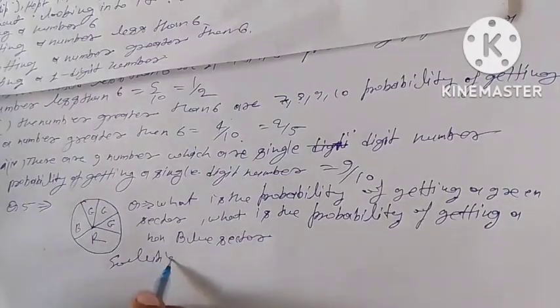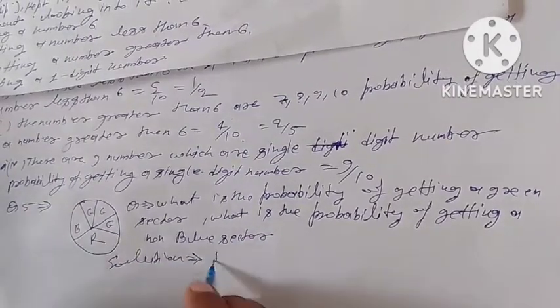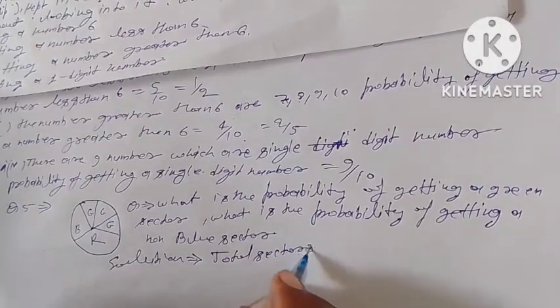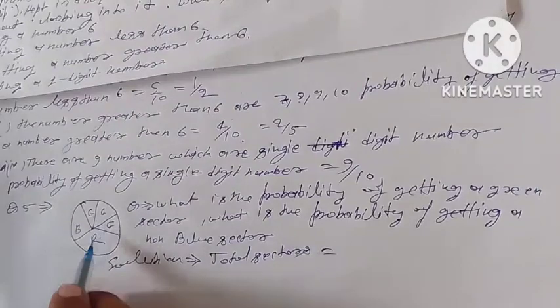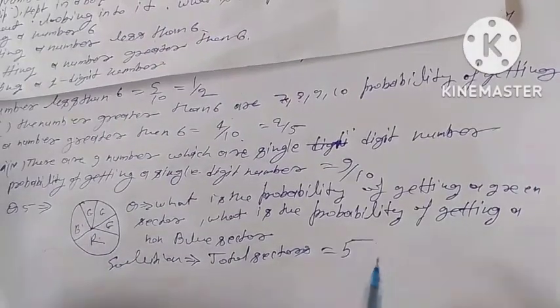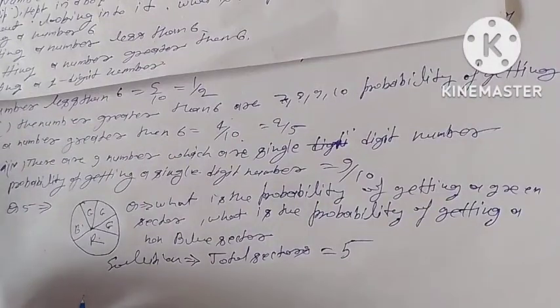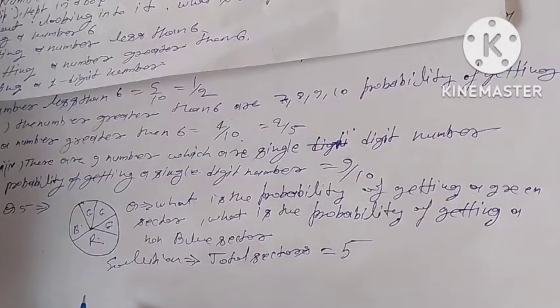Solution. Total sectors equal to 1, 2, 3, 4, 5. There are 5 sectors and we can get a green sector in 3 cases.